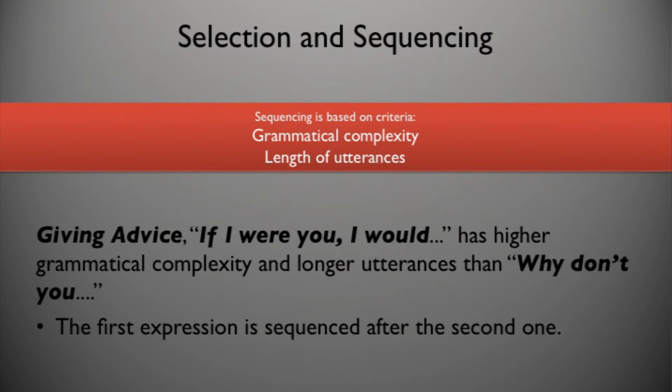So, for example, in giving advice, "If I were you, I would..." has higher grammatical complexity and longer utterances than "Why don't you?" So, the first expression will be sequenced after the second one.